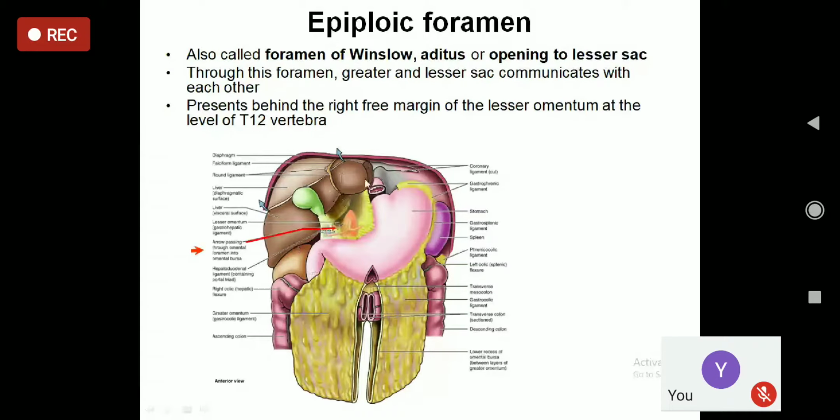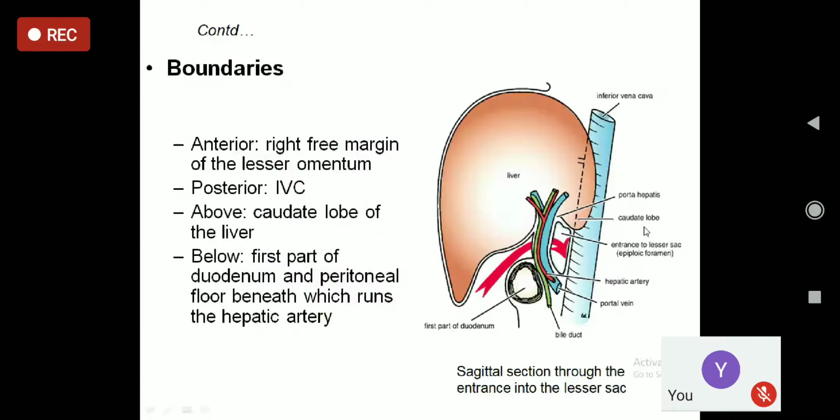This is the communication between the greater and the lesser sac. Below the first part, the fold of the peritoneum beneath which runs the hepatic artery is the floor of the epiploic foramen. So that is the communication between the lesser sac and the greater sac.